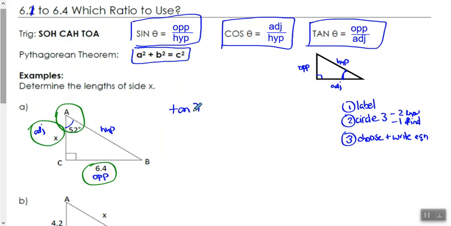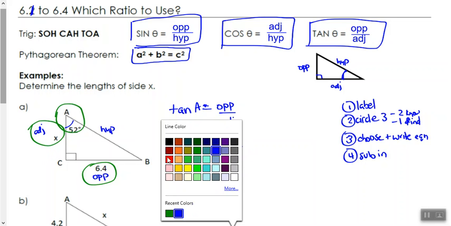So tan of my angle, and my angle is A, is going to be the opposite side divided by the adjacent side. Okay, substituting in. So tan of 52 degrees equals my opposite, which is 6.4, divided by my adjacent, which is x.